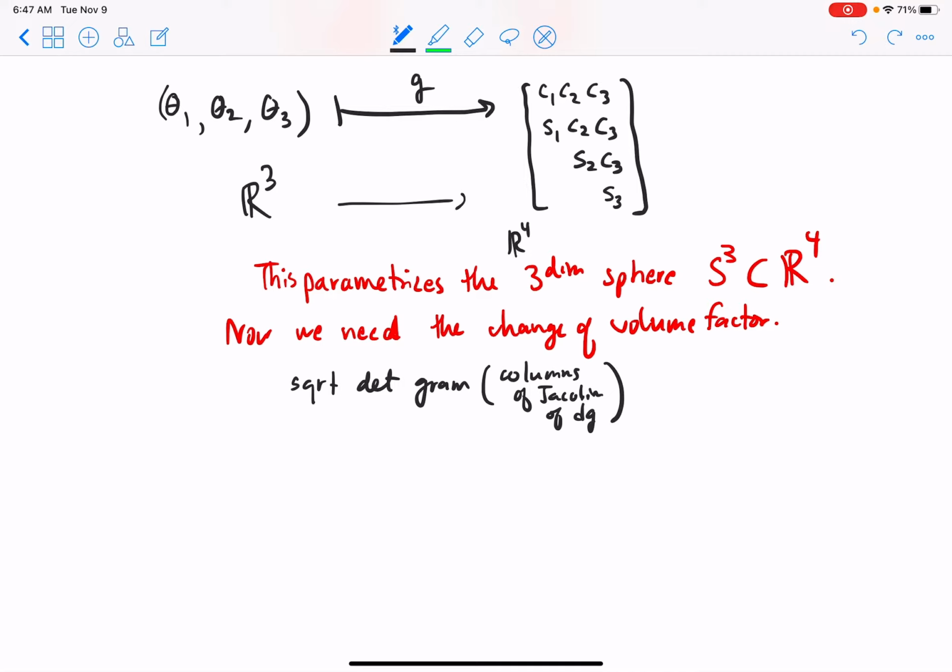Okay, so we can take the derivative. Let's call W1 the vector that takes the derivative in theta 1 of all four of these. Okay, so the derivative in theta 1, I'll say d theta 1. And what is it going to be? Well, theta 2 and theta 3 are ignored, and a cosine becomes minus a sine. Minus a sine. Now, the theta 1 derivative takes the sine and becomes a cosine.